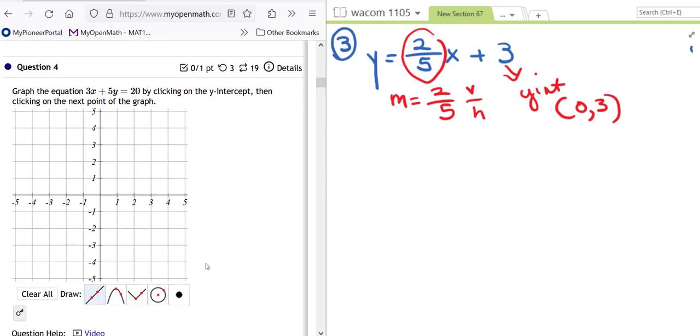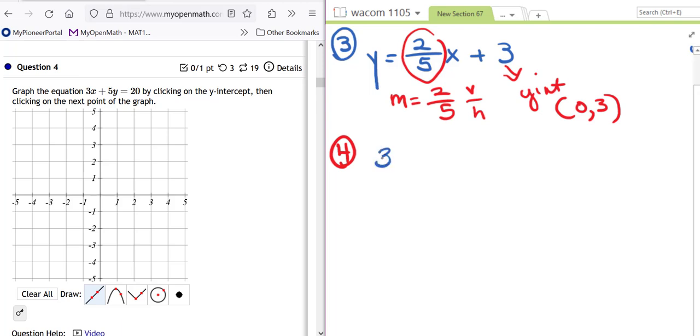This is one where you're going to have to isolate and get your information off. It's telling you to graph with this technique, because it's saying click on the y-intercept and then click on the next point of the graph using your slope. So we have to do some algebra first.